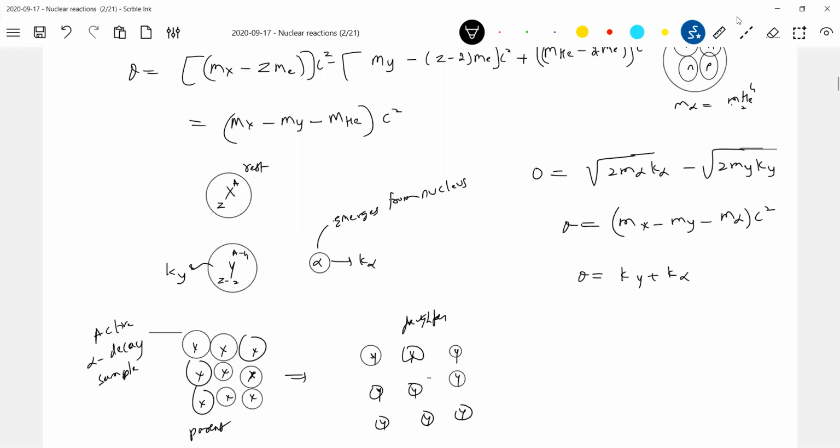Suppose I show it here. Suppose this alpha particle is having K alpha, and the daughter has K Y. What about K alpha? K alpha will be somewhere like this. This is emitted like this. Different directions I will show. There's no rule that it is along the x-axis only.